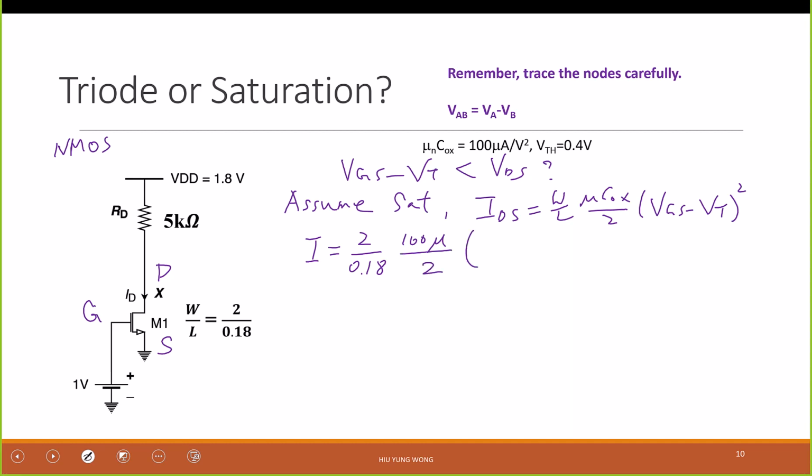What is VGS in this case? I hope that you know it, because VGS is VG minus VS, okay? That's why you need to be very careful. Because I know this is S, VGS is 1 volt minus Vx, right? That's why the terminal is important. VTH is given, okay? So these are just math.